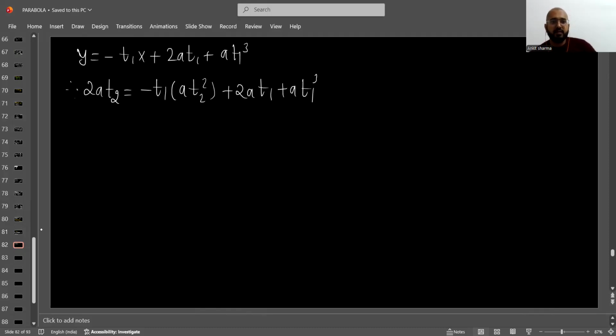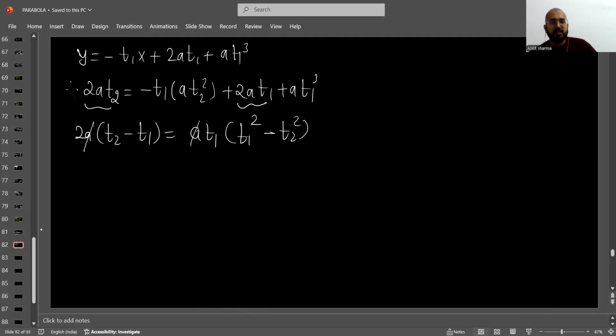We'll go ahead and take this guy and this guy together. So I'm going to have 2a common, and this gives me t2 minus t1 is equal to, from here I can take a and then t1 common. So I have t1 square minus t2 square. I can open this, and this a gets cancelled.